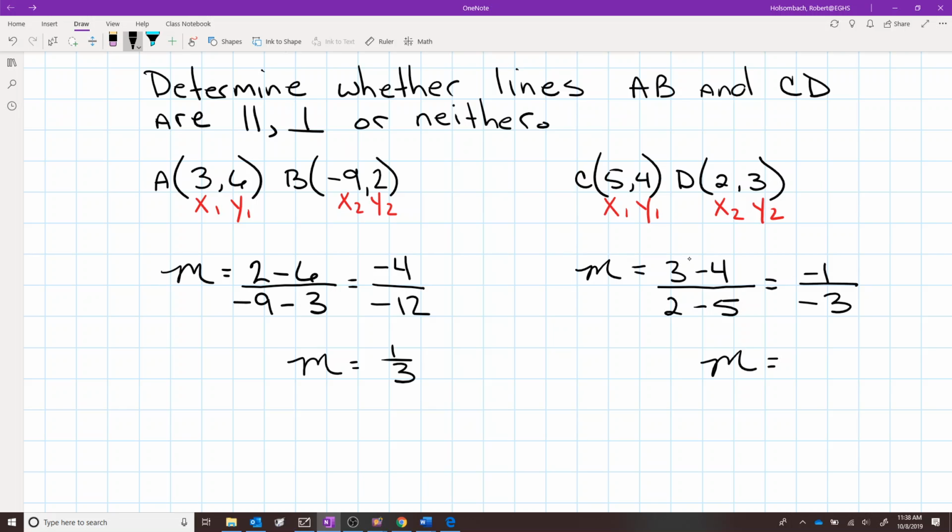Simplified, negative 1 divided by negative 3 is a positive 1/3. So now you can compare your slopes and your lines are parallel. Anybody have any questions? Okay.